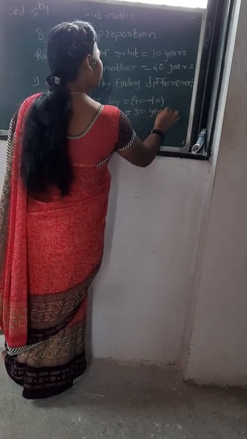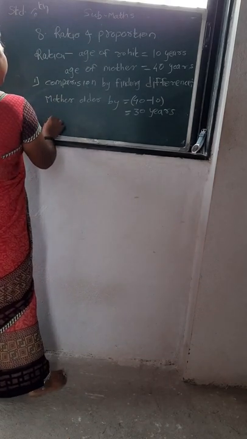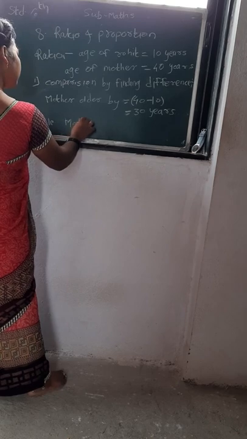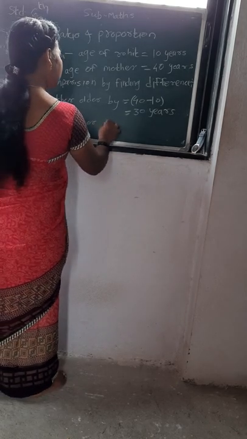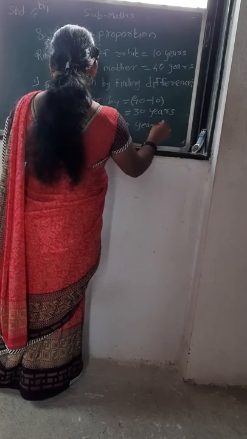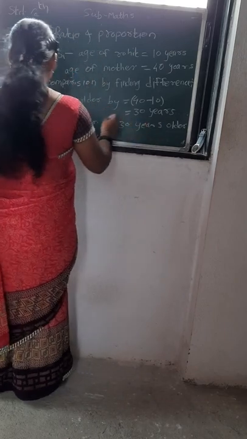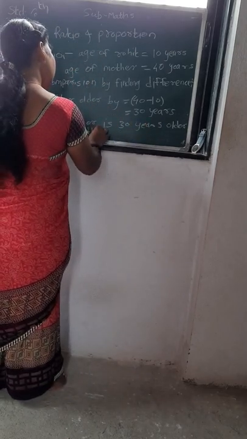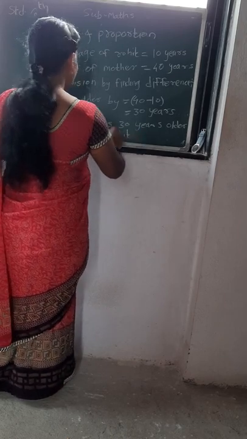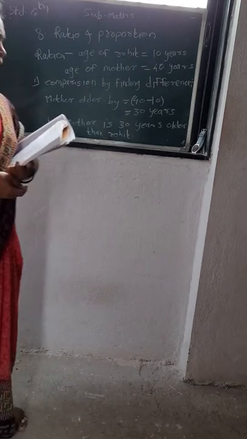That is, mother is 30 years older than Rohit.